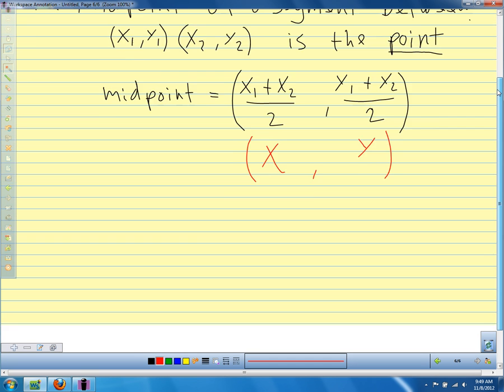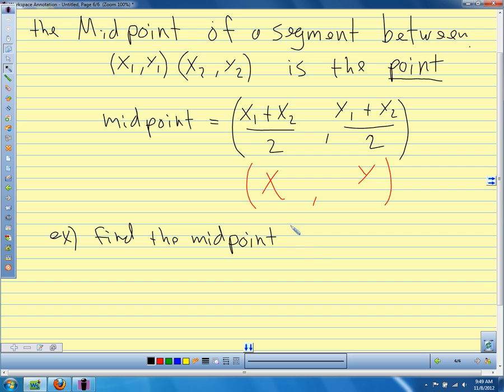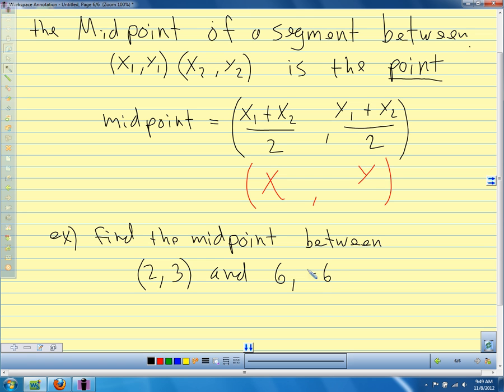All right, let's do a quick example of calculating a midpoint, and then we are done. We want to find the midpoint between 2, 3 and 6, negative 6.